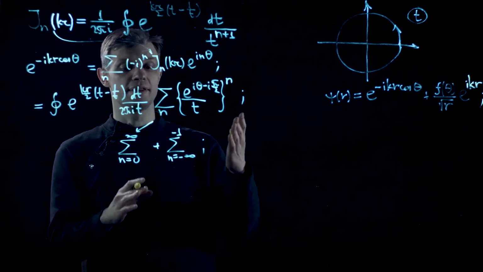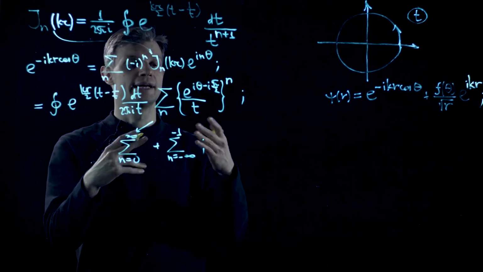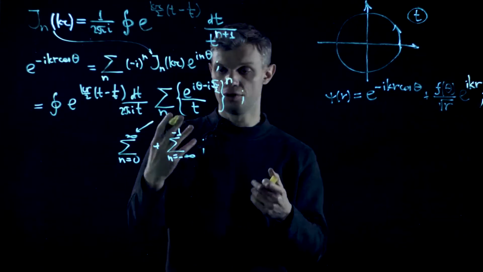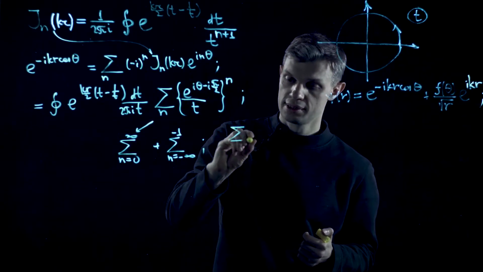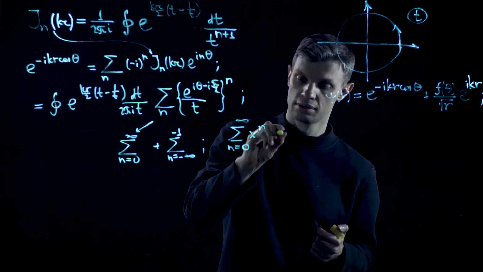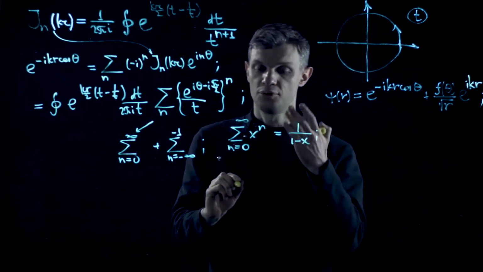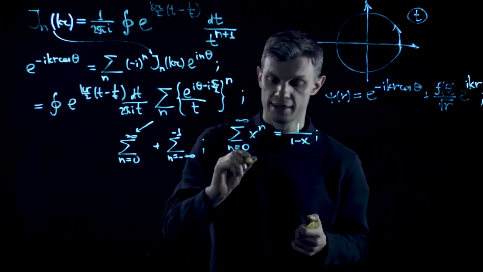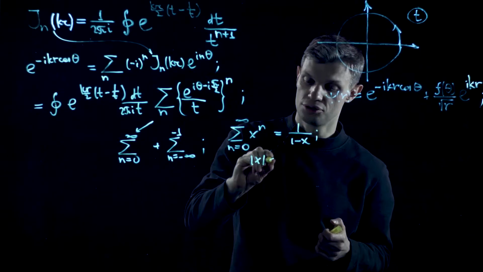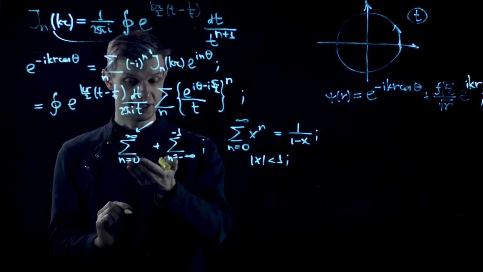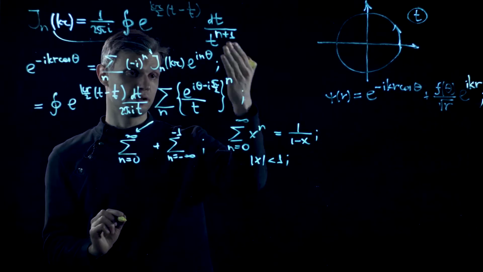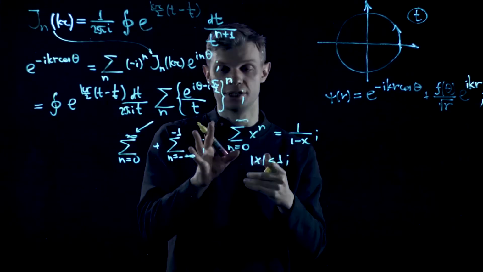And the interesting thing about these sums is that they have slightly different conditions for convergence. As you know, the geometrical sequence has the radius of convergence of 1. So the modulus of x should be smaller than 1. So for positive n, we have the convergence condition.